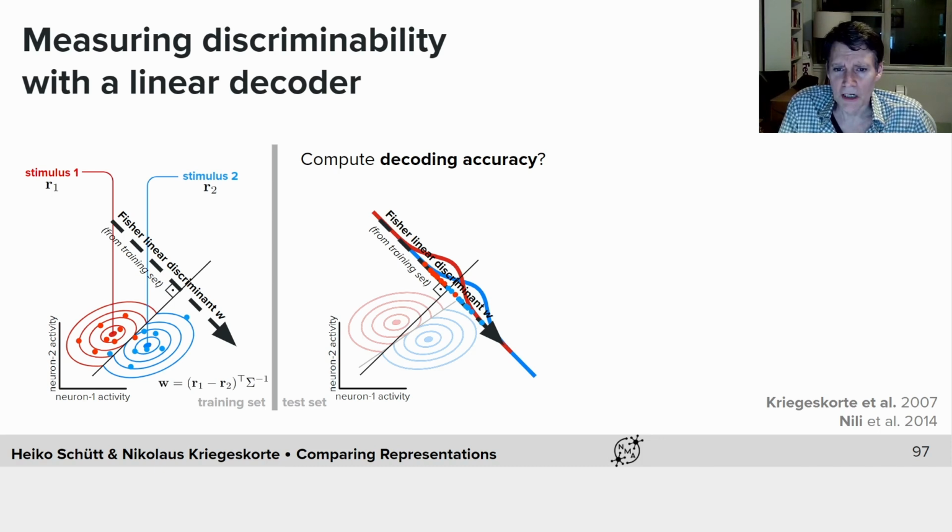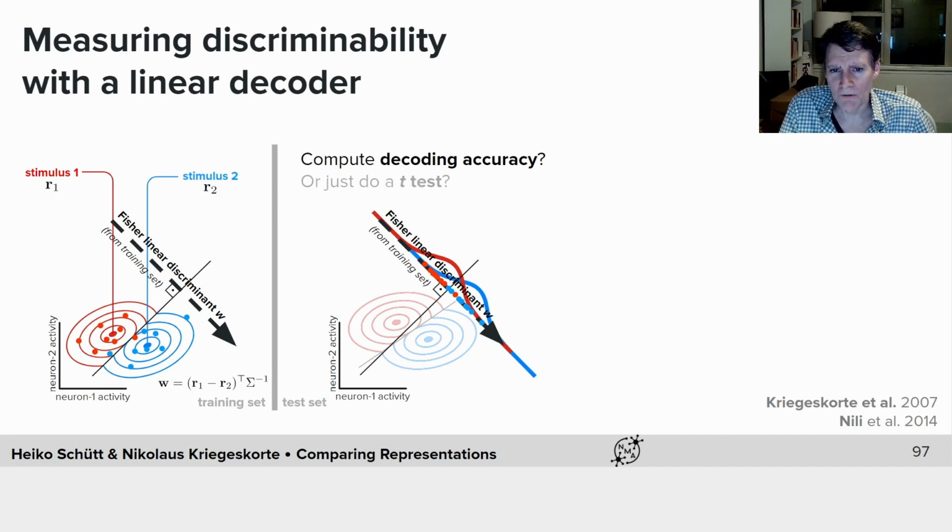So we could compute the decoding accuracy, and it would involve setting a threshold and then counting how many of these points are on the right side of the threshold. Right? So we like to have high values on the right side for stimulus 2 response patterns and low values for stimulus 1 response patterns. With a threshold, we could count how many we get right.